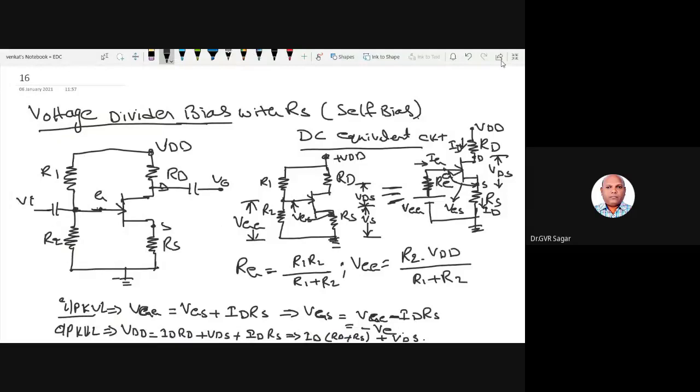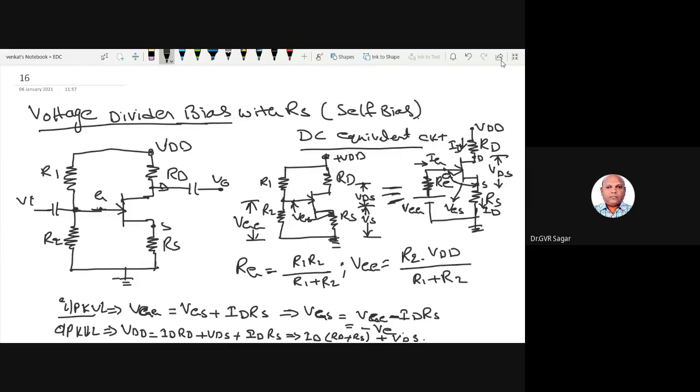This is the equivalent circuit we have drawn, the DC equivalent circuit. The voltage drop across this I am showing as a voltage source, that is VGG, and this VGG is applied to the gate source junction. The voltage across the gate source is VGS. The voltage drop across RS is ID into RS because the current flowing through the entire FET is ID only. There is no question of any IS. IS is almost 0, so ID is equal to IS.